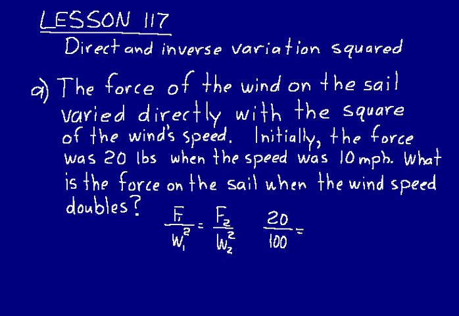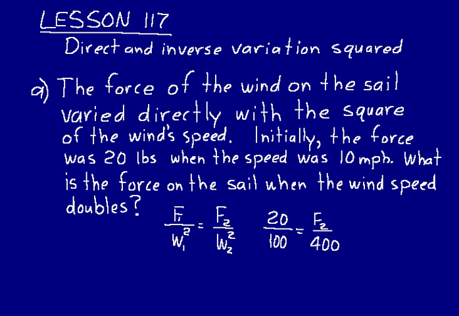When the wind speed doubles, it'll go up to 20 miles per hour. 20 squared, we need to make sure and square it. That would be 400. Now we can put the 400 underneath F2.